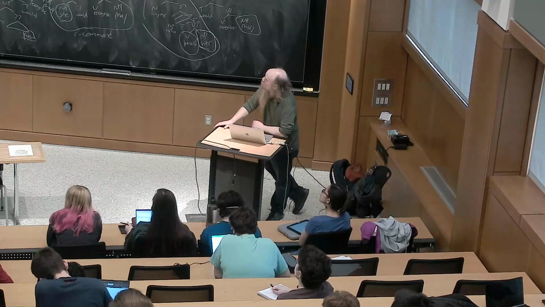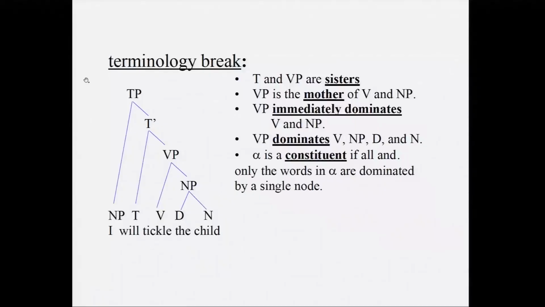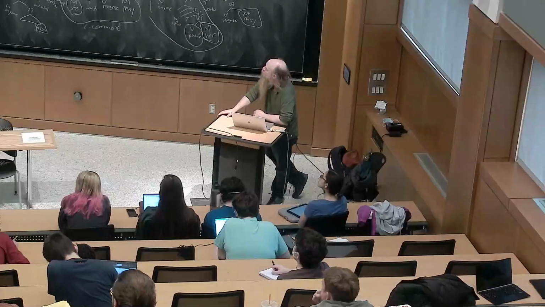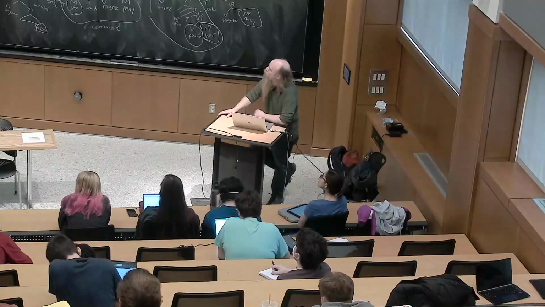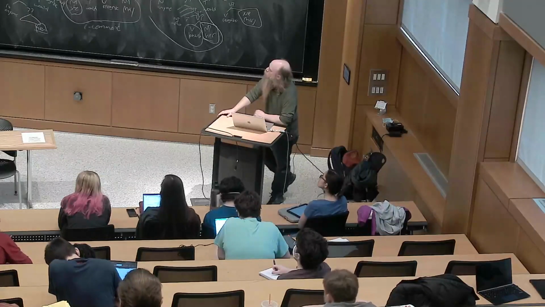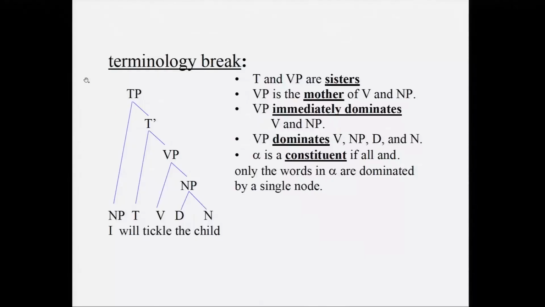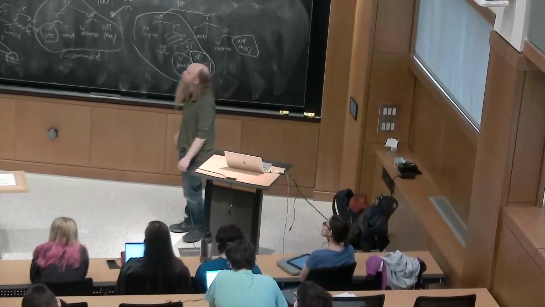And then we said there's this word constituent, which we've been using for some time, and all of you seem to have a handle on it anyway, but just to give it a formal definition, we'll say that something is a constituent if there's a single node that dominates all the words in alpha. So the child is a constituent because there's a node that dominates just those words, the noun phrase.